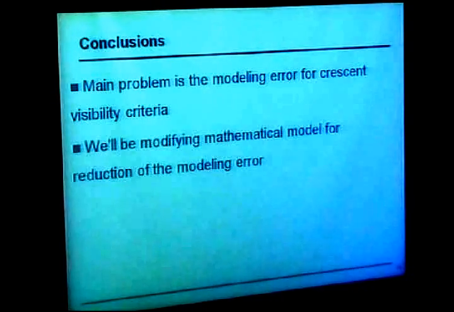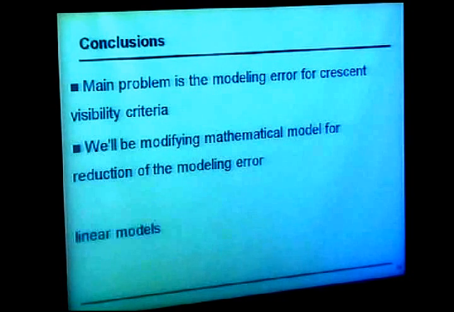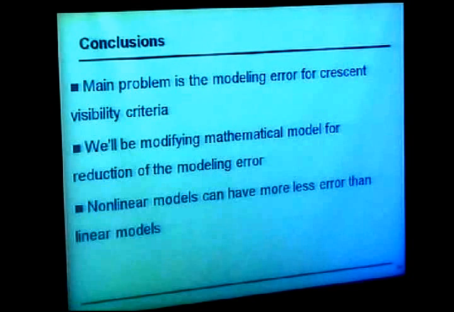Conclusion: the main problem is modeling error for crescent visibility criteria, and the mathematical model should be modified to reduce the modeling error. Non-linear models can have more or less error than linear models.